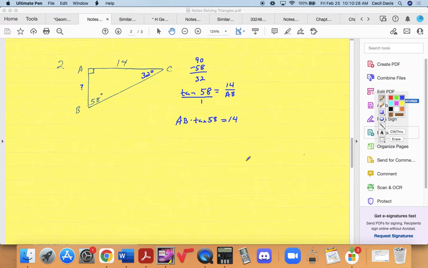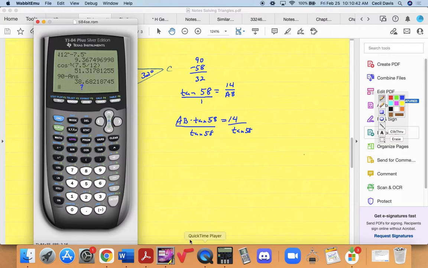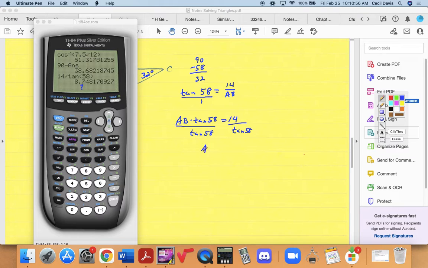How do we solve that for AB? Divide both sides by tangent. Exactly. Divide both sides by the tangent of 58. So we've got 14 divided by the tangent of 58. And we have 8 point, what did it say to round this to? Hundredth? Thank you. 8.75.